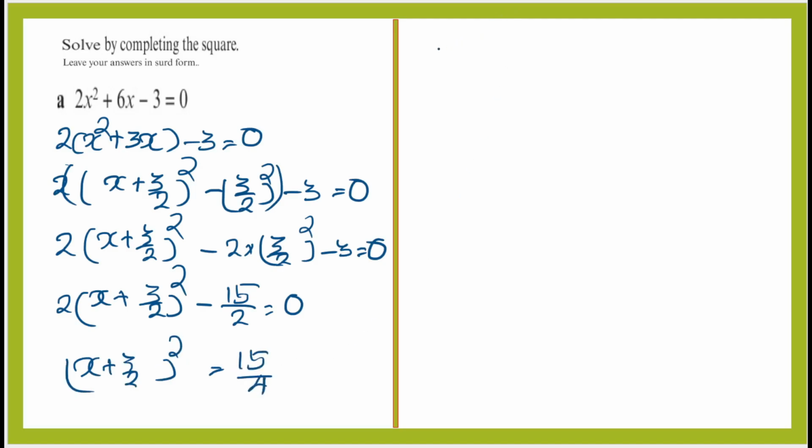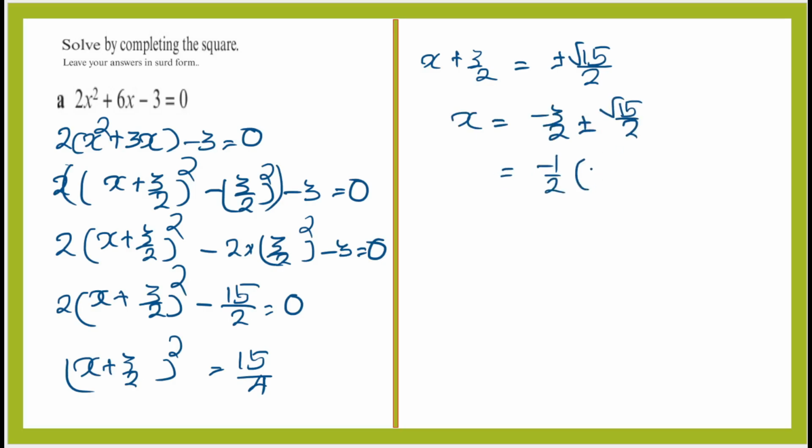Now by taking square roots on both sides, x plus 3 by 2 equal to plus or minus root 15 by 2. That's x equal to minus 3 by 2 plus or minus root 15 by 2. Now rearranging, minus 1 by 2 times (minus 3 plus or minus root 15).